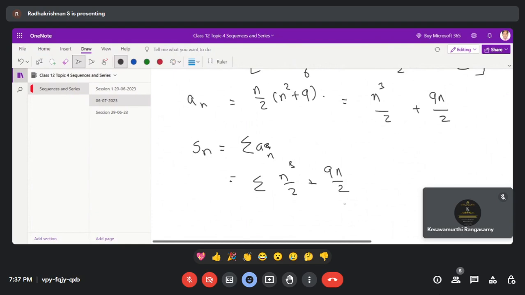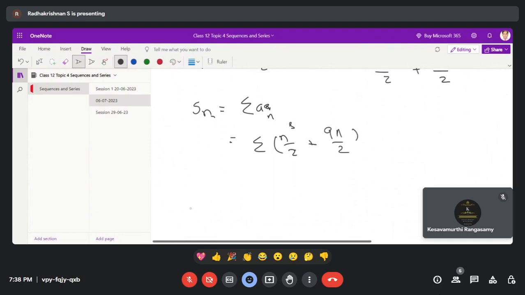Is this what you did, Sundaresan? No, sir. Okay, because once you came up to this, An is n cube by 2 plus 9n by 2. So you can put n equal to 40 and determine the value of A40. But for Sn, you have to again do sigma of n cube by 2 plus sigma of 9n by 2. So next level, you have to apply the same formula.